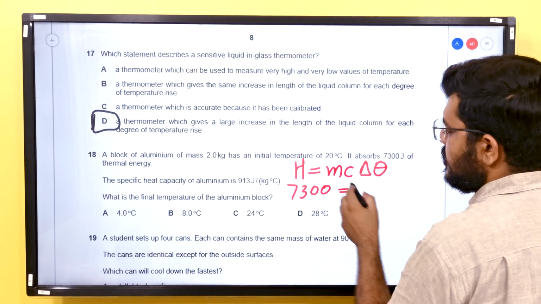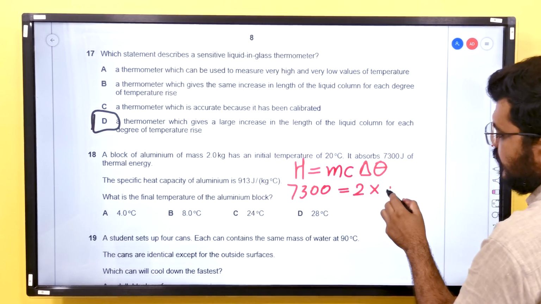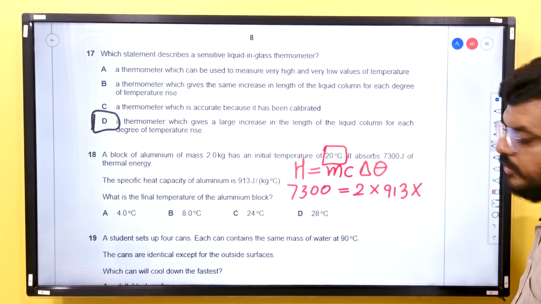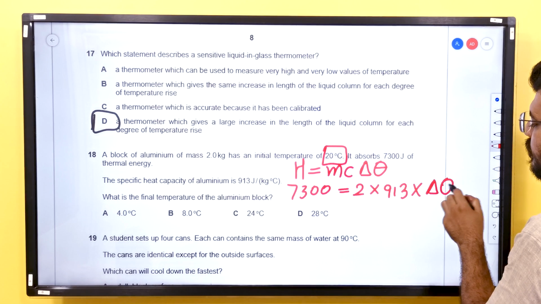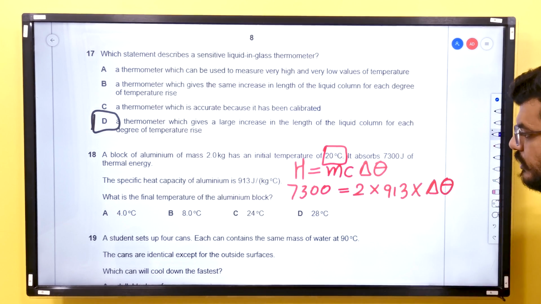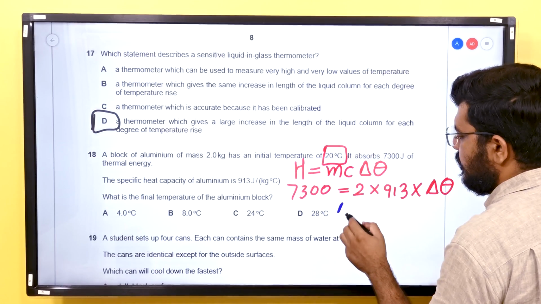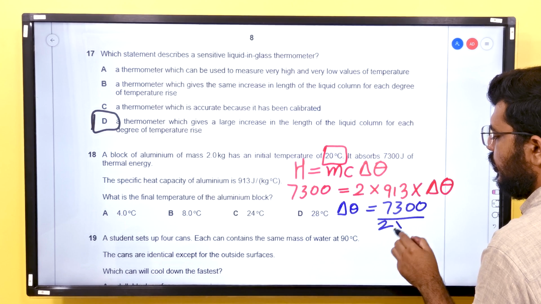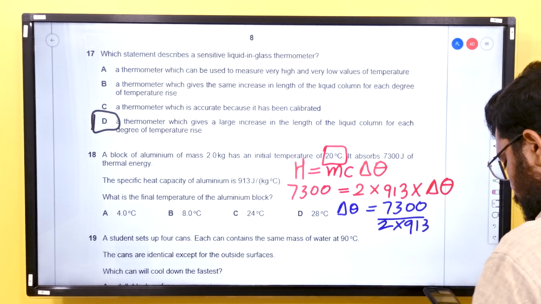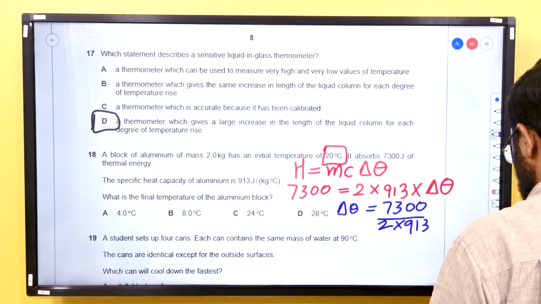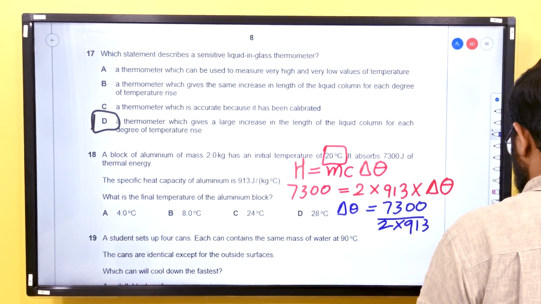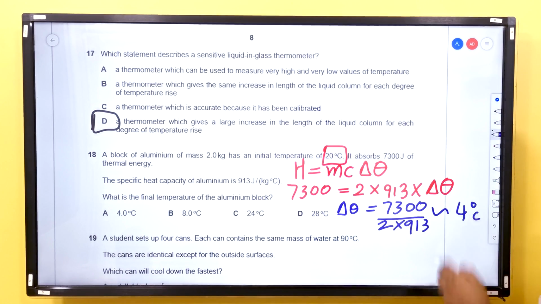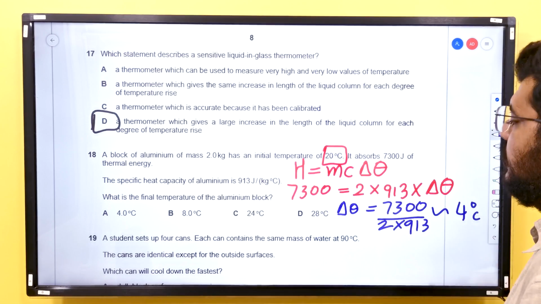This is equal to mass 2 kg, c is given 913, but you don't know the Δθ, you only know the initial temperature. So Δθ is equal to 7300 upon 2 times 913. 7300 divided by 2 times 913 comes to nearly 4 degrees Celsius, 3.99.